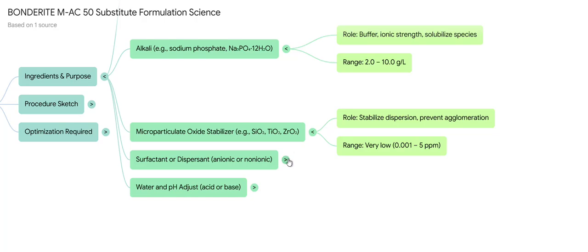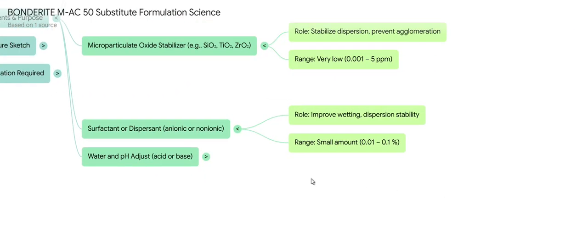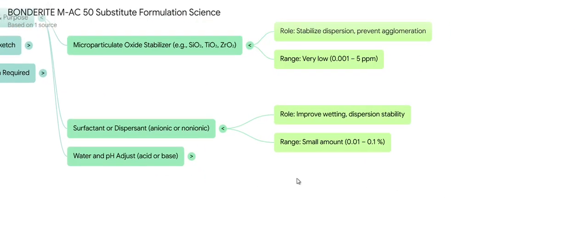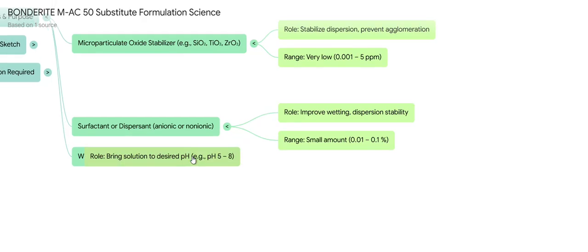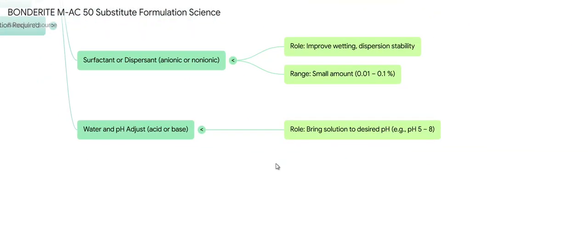And then surfactant, or dispersant, preferably non-ionic or anionic, and its role is to improve wetting and dispersion stability. As usual, the amount may be 0.012 to 0.1 percent. Then we should have water, and here the pH adjustment is required. So bring the solution to the desired pH, normally between 5 and 8.